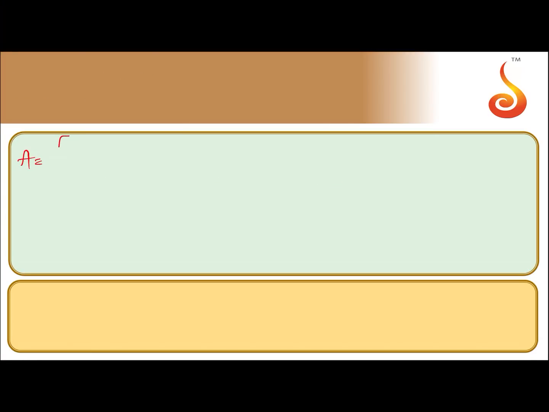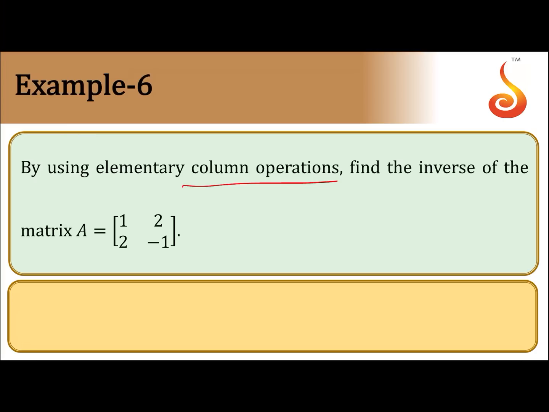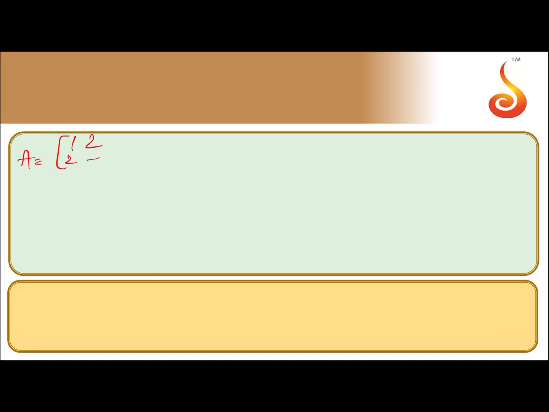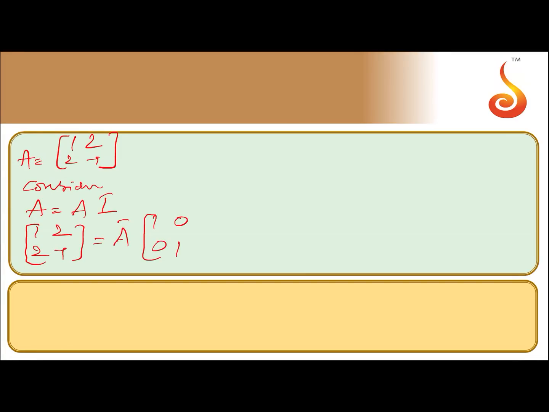Consider A equals A multiplied by the unit matrix. The matrix A, which is 1, 2, 2, minus 1, equals A multiplied by the unit matrix 1, 0, 0, 1.